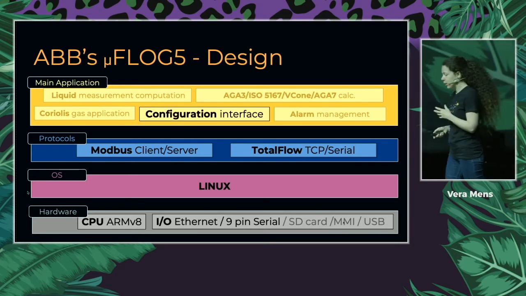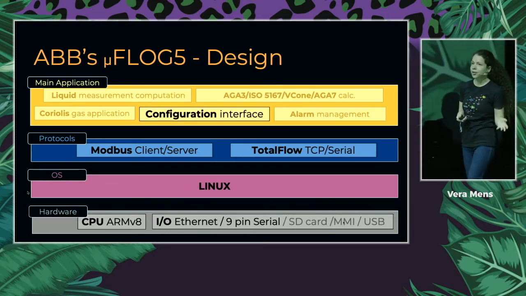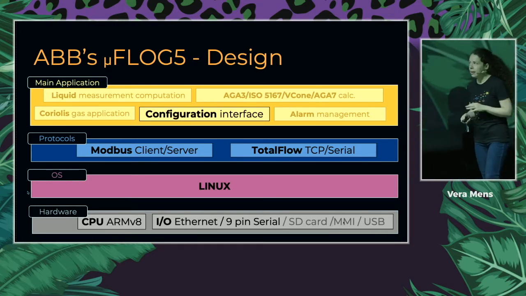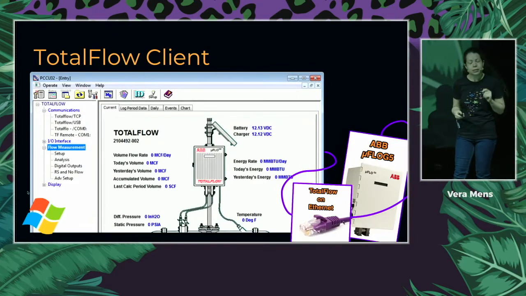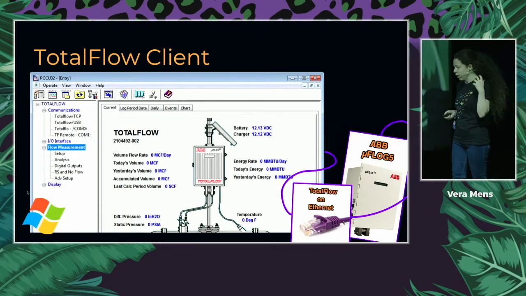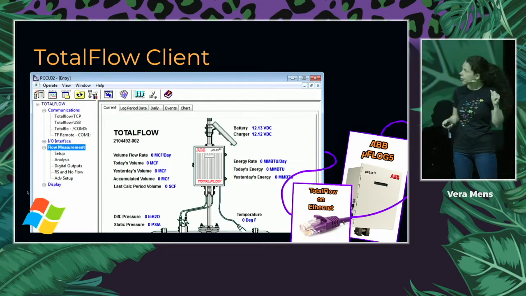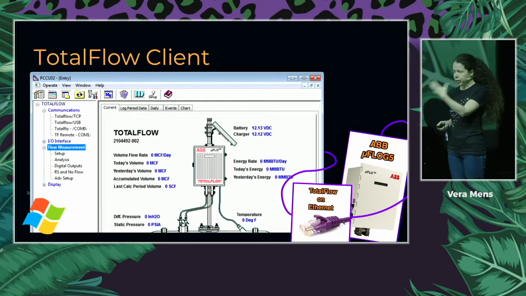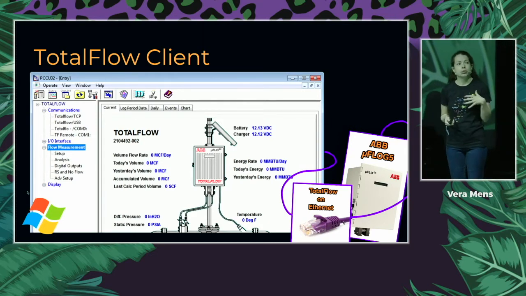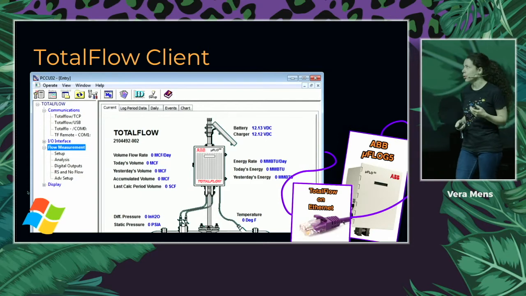It can also do alarm management, with a configuration interface, and the configuration is what we will care about. Another important part of the system is the TOTALFLOW client. It is the client that can be downloaded from the ABB website, and operators who download it can connect to any device that talks the TOTALFLOW protocol, like ours, to make a configuration, to view flow measurements, and so on.